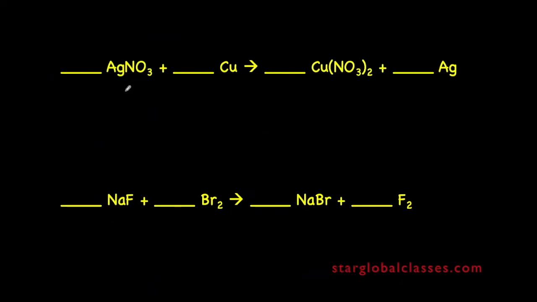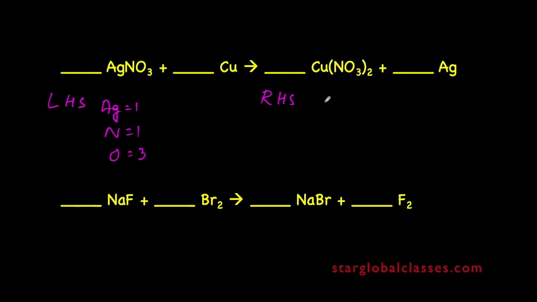Silver nitrate AgNO3 reacts with copper to form copper nitrate and silver. We'll write again here LHS and RHS. On the left hand side, silver is 1, nitrogen 1 and oxygen 3.